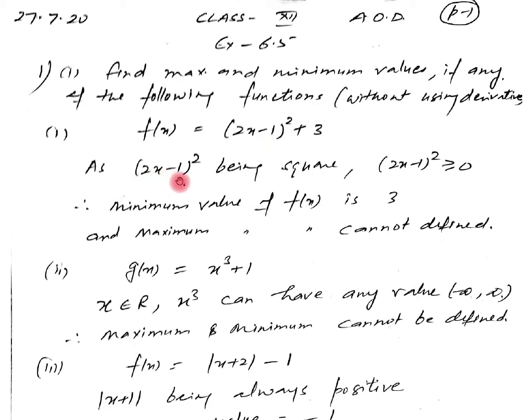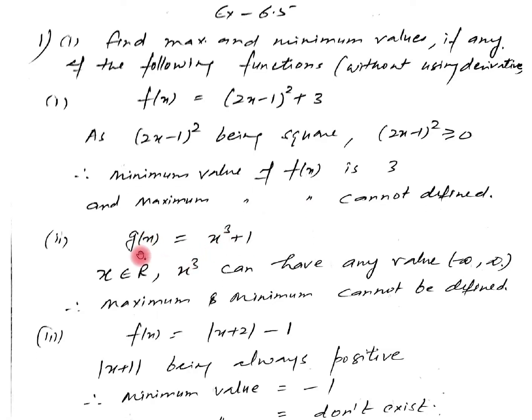So, as (2x minus 1) whole square, being a square, is greater than or equal to 0, the minimum value of f(x) is 3 and the maximum value cannot be defined, because the value of this will change and the value of f(x) will change. It can go up to infinity. So, we can say the maximum value of f(x) cannot be defined.